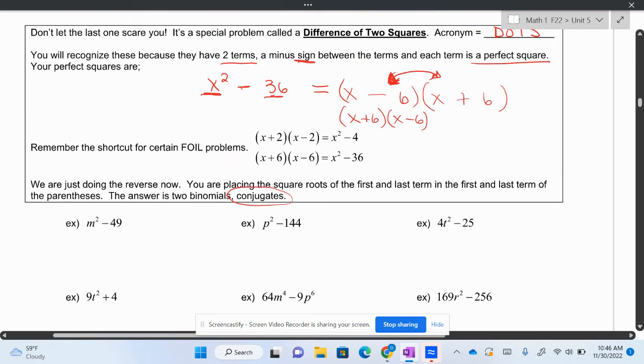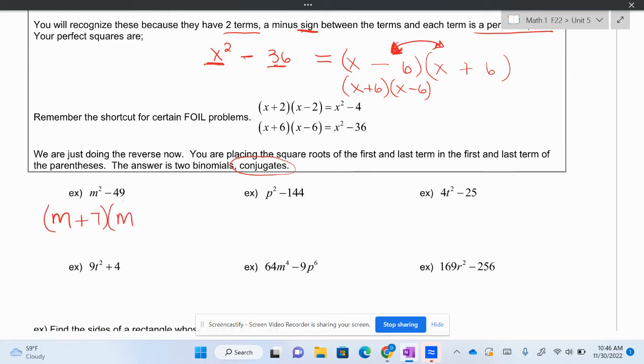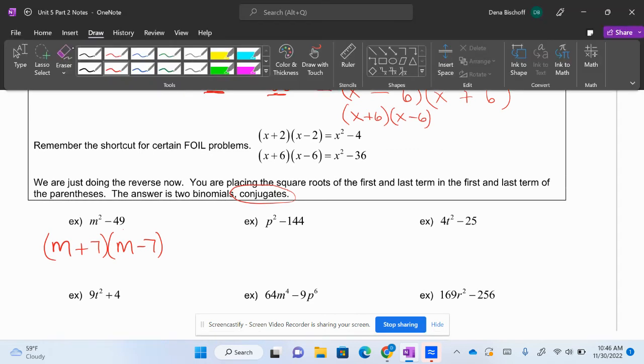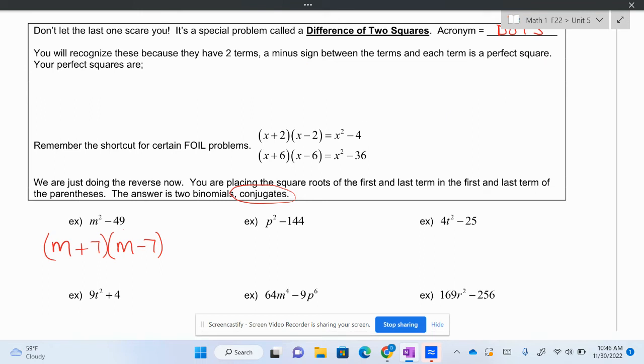So m squared is a perfect square, 49 is a perfect square, so m plus 7, m minus 7. But I'm going to go right up here and list out some perfect squares.